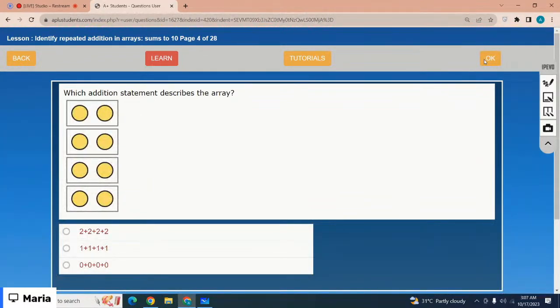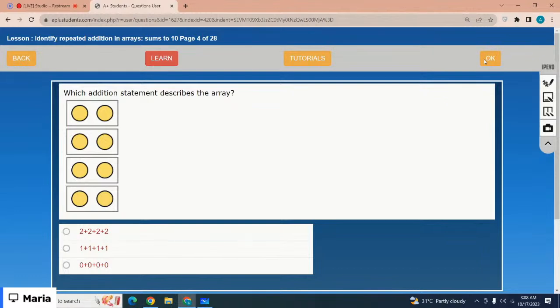Which addition statement describes the array? Which is the correct option? The correct option is: you can see you have one, two, three, 4 rows, and in each row you have just two circles, right?